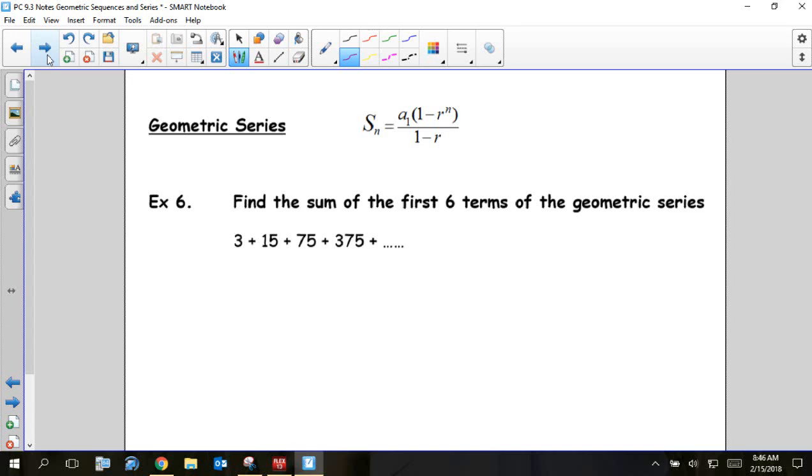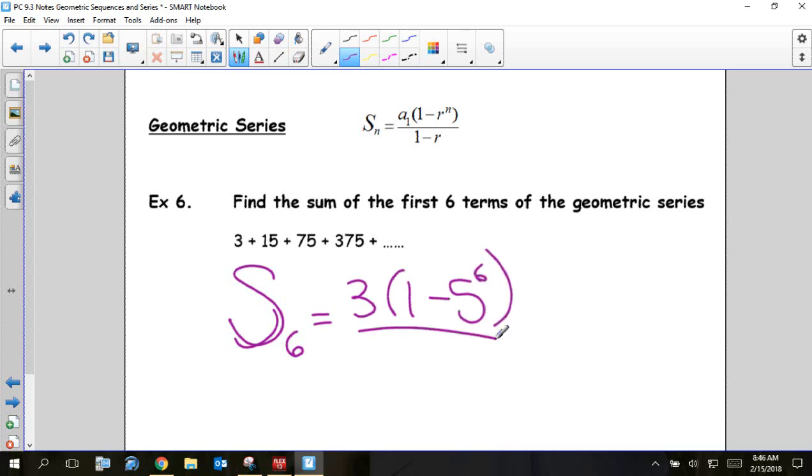Okay, so we're going to do S sub 6 equals first term is 3 multiplied by 1 minus the rate 5 to the 6 divided by 1 minus 5. You've done it correctly. You get 11,718.